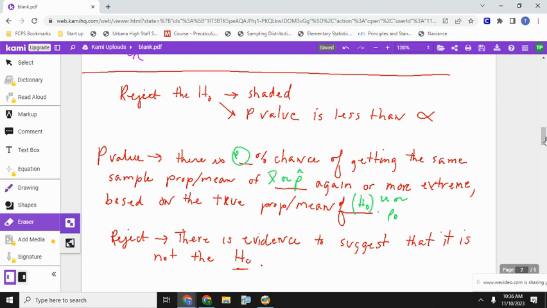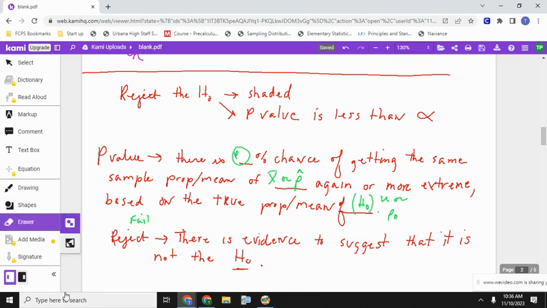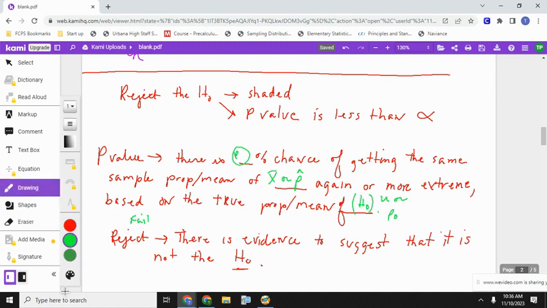If this is a fail to reject, that means you ended up in the white area, and you just add this right here: no evidence. That's the only difference in the sentence. So if it's a fail to reject, you say there is no evidence.